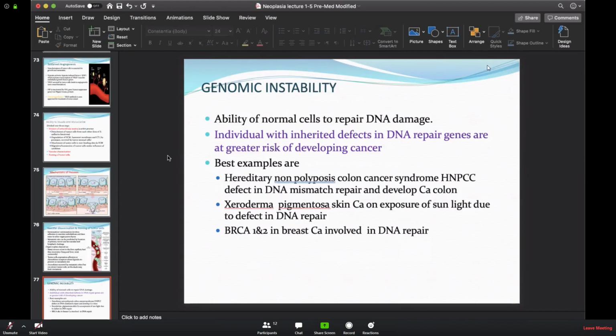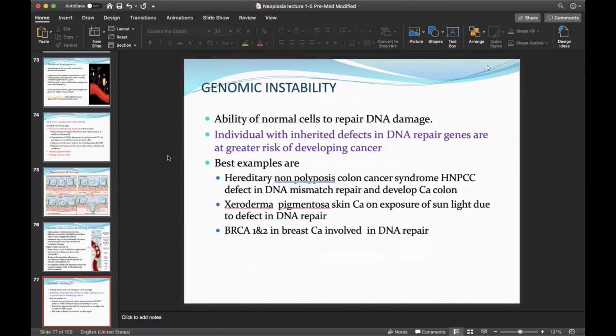In the normal cell, there are DNA repair mechanisms which repair this damage. So the more chromosomal or genetic abnormalities that accumulate in the cell, the more the cell becomes genomically unstable.